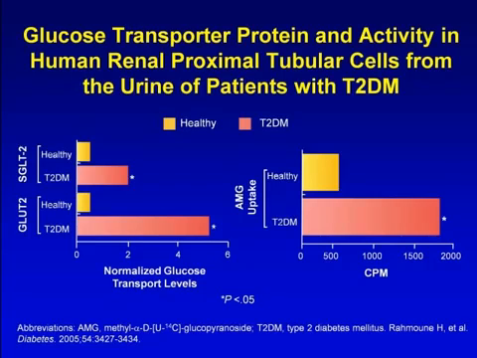If you look at its functionality, at labeled glucose uptake, you will see that labeled glucose uptake in type 2 diabetes in the kidneys is far more than in a healthy person. That's just to show that this causes an abnormality in diabetes in terms of reabsorption and excretion of glucose.